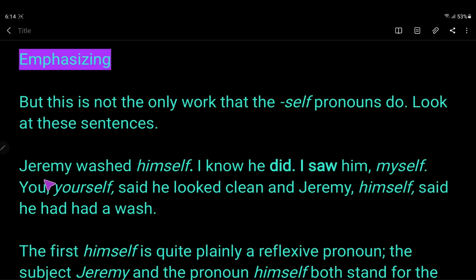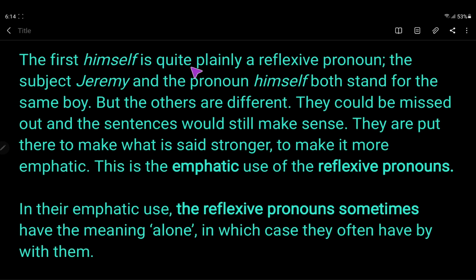Look at these sentences. Jeremy washed himself. I know he did. I saw him myself. You yourself said he looked clean, and Jeremy himself said he had had a wash. The first himself is quite plainly a reflexive pronoun.